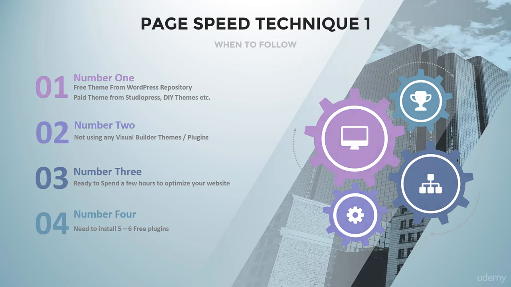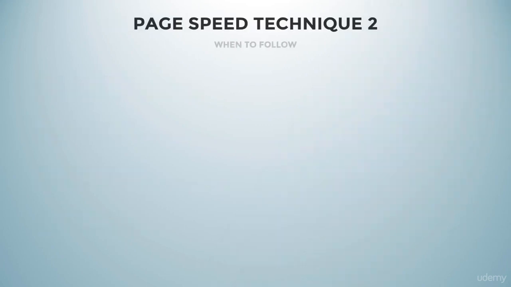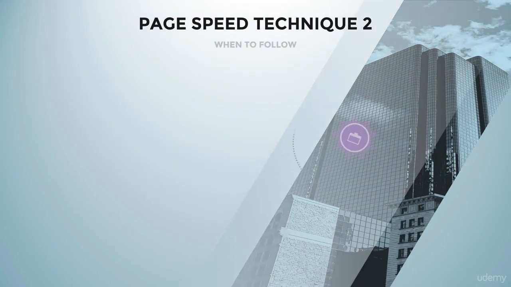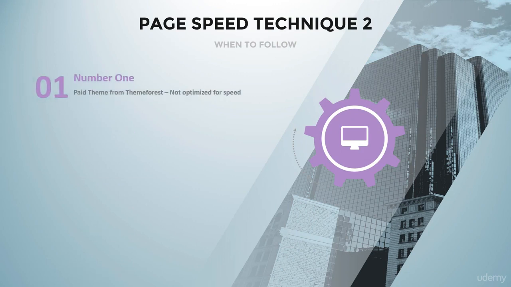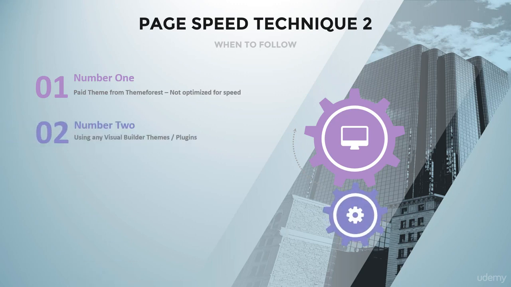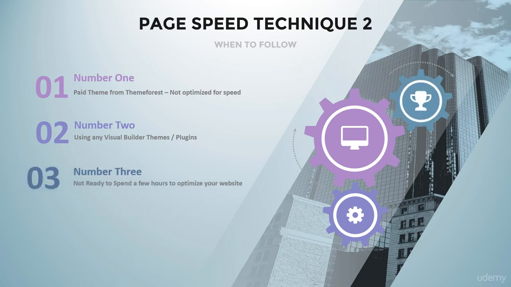Now let's see who can follow technique 2. If you're using a paid or free theme from Theme Forest or any other website that is not optimized for speed, if you're using any Visual Builder or drag and drop building plugins, if you're not ready to spend even a few hours to optimize your website, then this technique just takes less than 20 to 30 minutes, based on your capabilities, to follow.